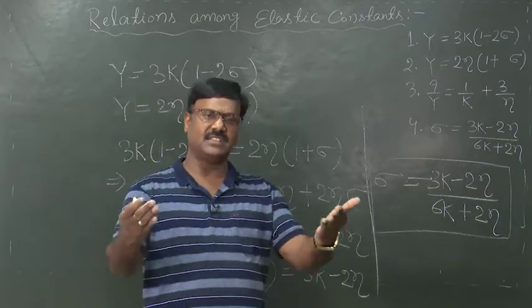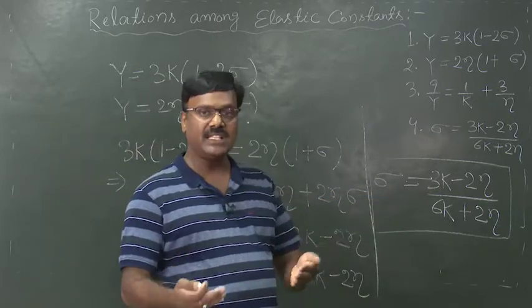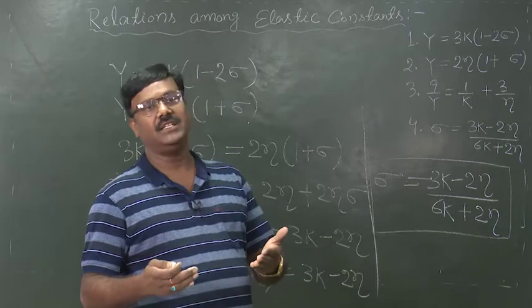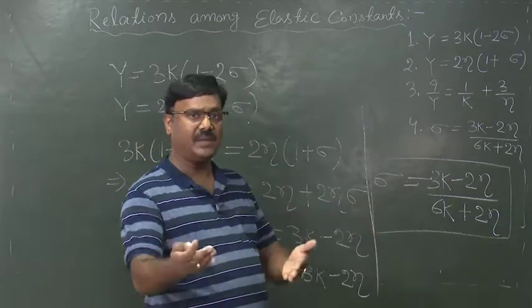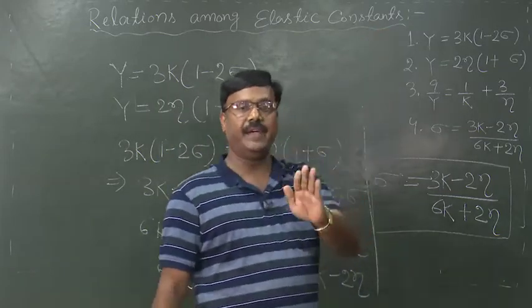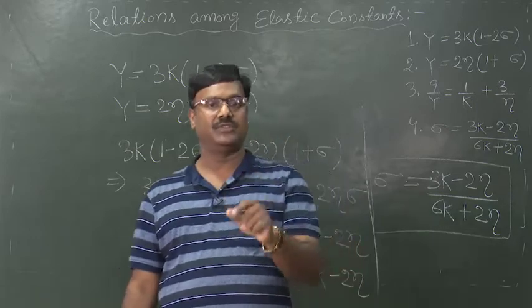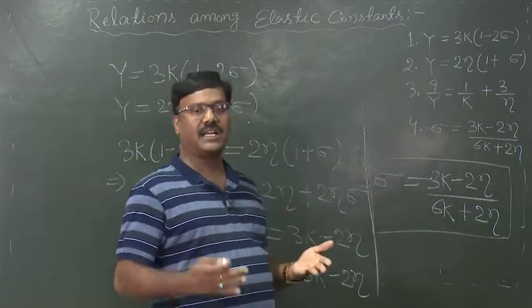Then let us discuss why and how the value of sigma lies between -1 and 0.5. And this can be achieved with the help of these two equations. Now our aim is to find out the values of sigma for which these relations are correct.